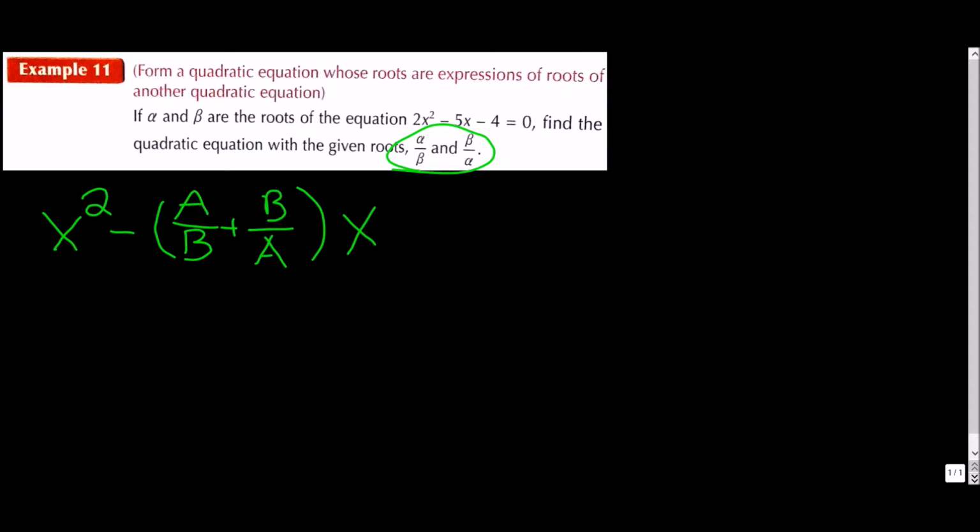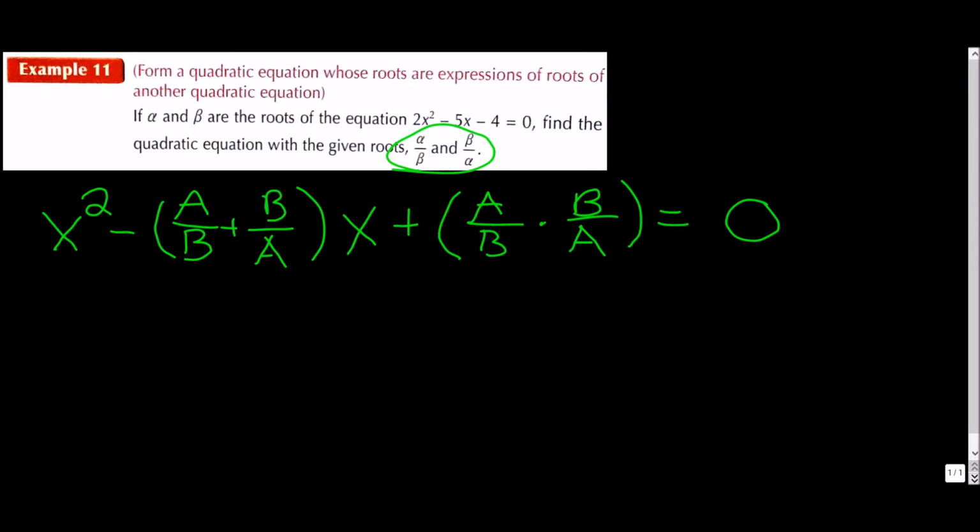Like what we saw in the last example, the sum of our roots can show up here, but it's the opposite of their sum. And then the product of the two roots is what's left over, so alpha over beta times beta over alpha, and that's going to equal 0.